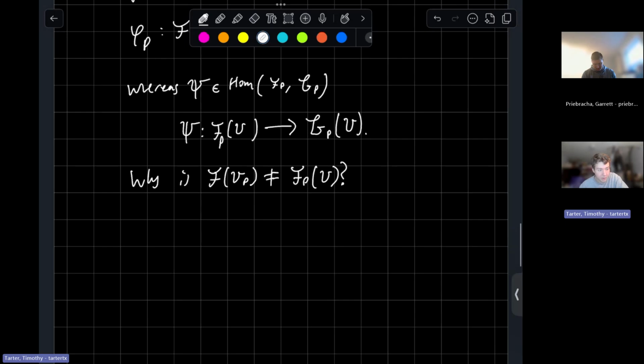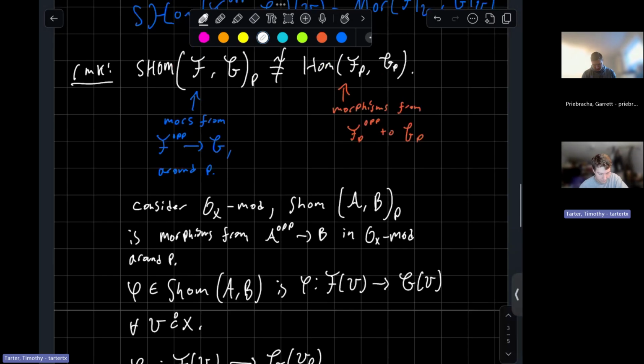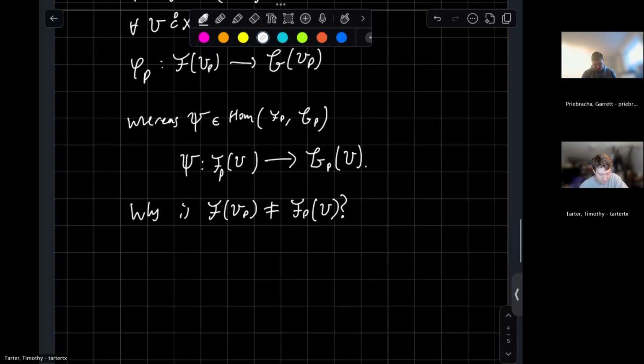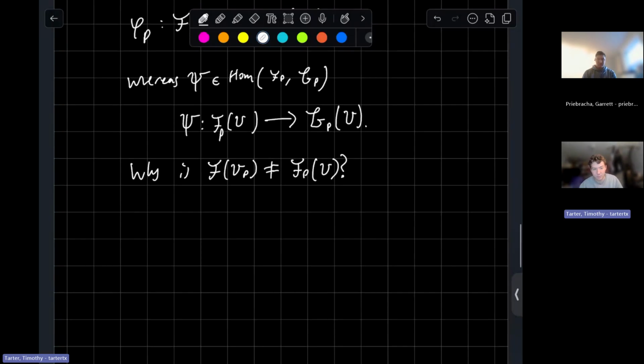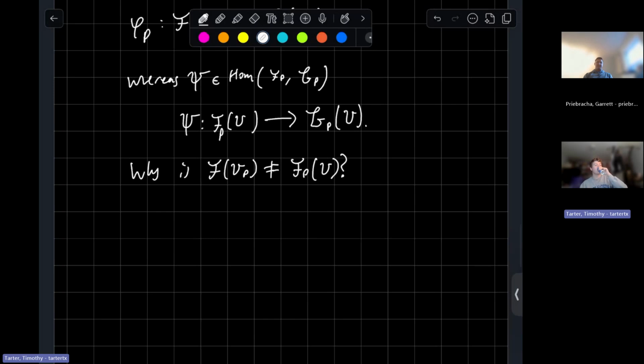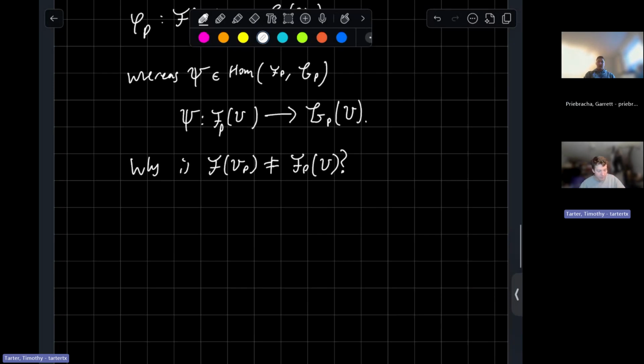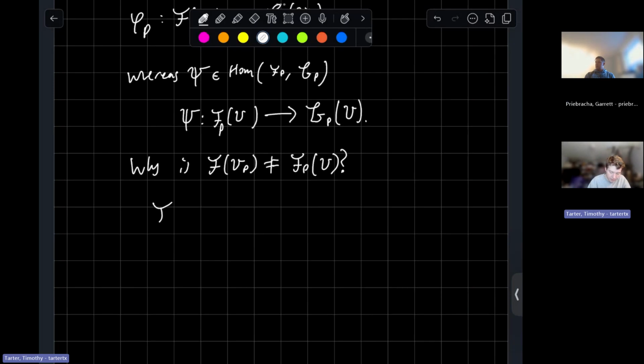Well, the localization of U at P is just P inverse times A. F(U)_P is equal to, with an abuse of notation, F_P inverse U, which gets mapped.